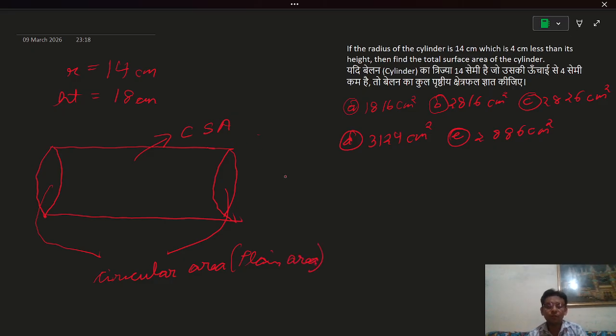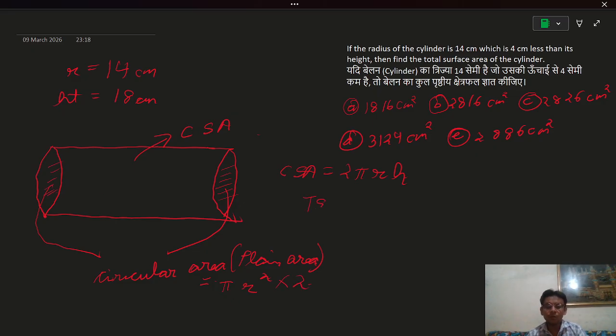So what is the formula? For curved surface area, it is 2 pi r h. And this is basically the area of a circle, which is pi r square. And how many are there? 1 and 2. So it will be multiplied by 2.